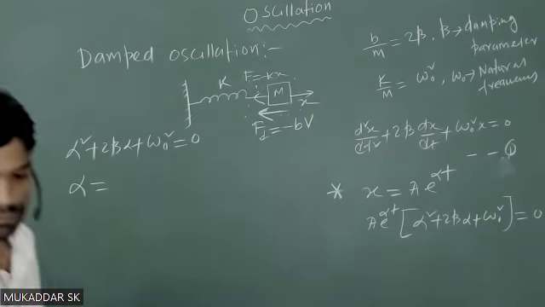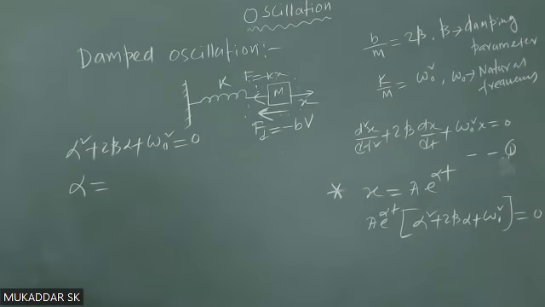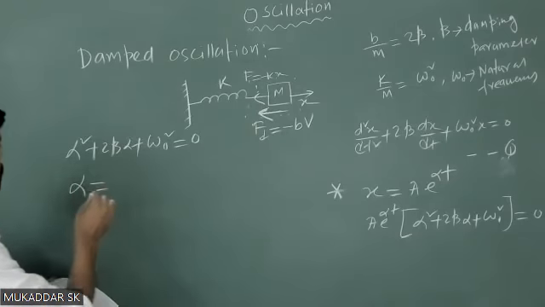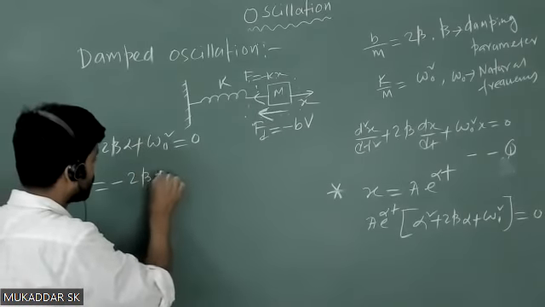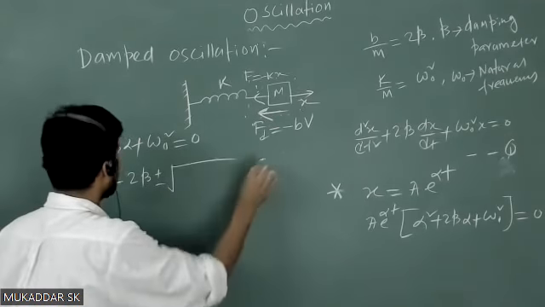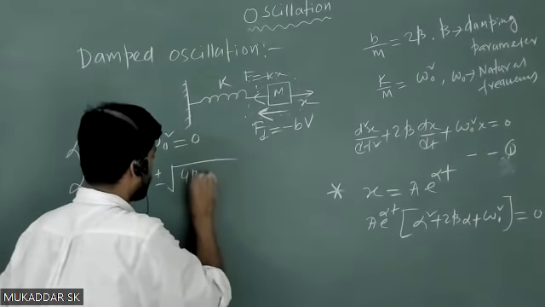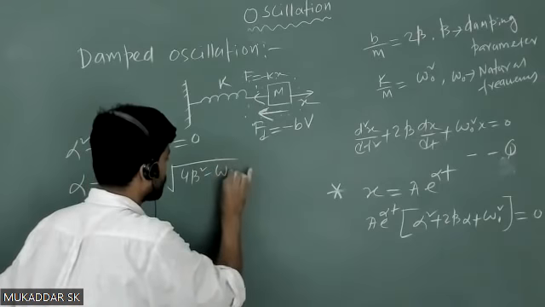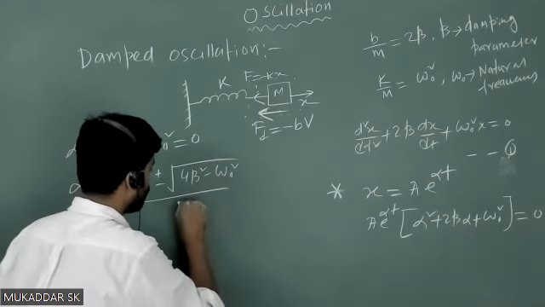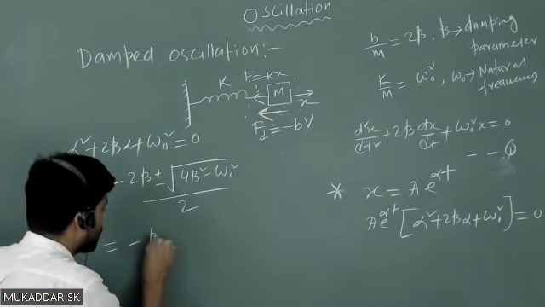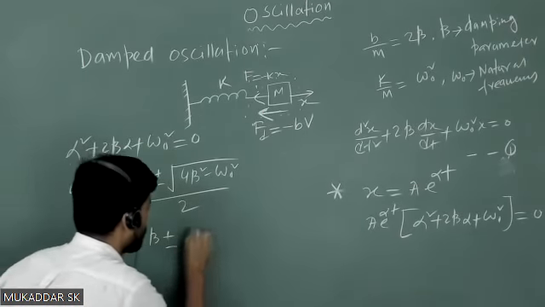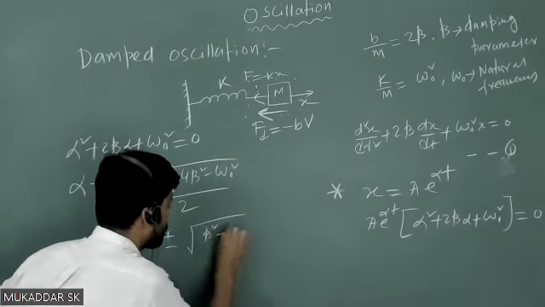Minus twice beta plus minus root of 4 beta square minus 4 omega naught square, by 2, right? So if you solve it, you will get alpha equals minus beta plus minus root of beta square minus omega naught square.